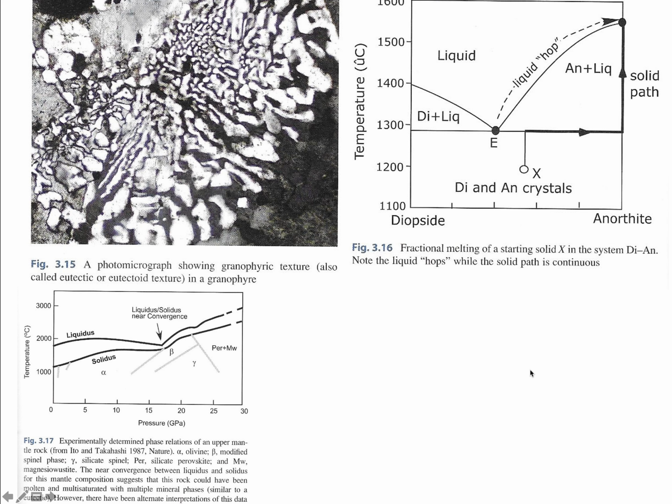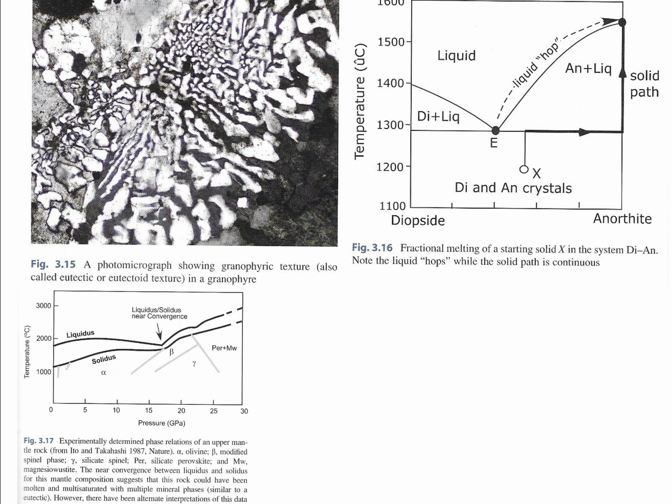So now we have another nice diagram, also between diopside and anorthite, and you can observe a lot of these thermodynamic things already in thin section. Here we have a photomicrograph showing granophyre texture, also called eutectic and eutectoid texture.